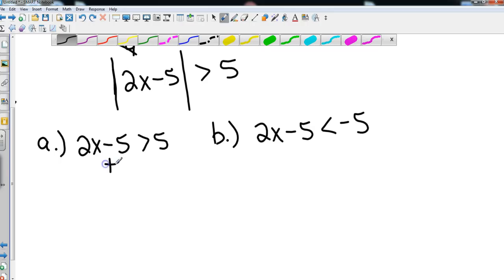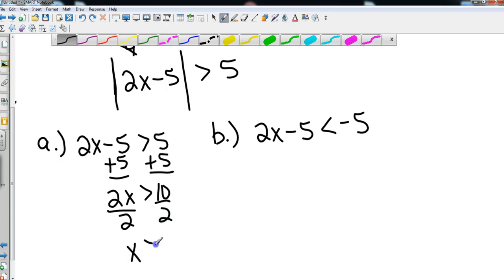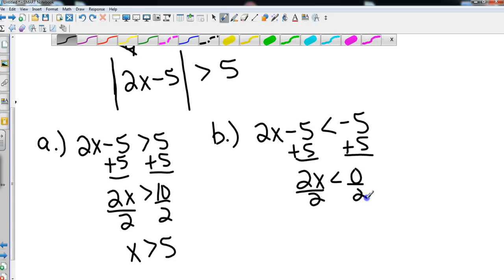So we add 5 to both sides here, and we get 2x is greater than 10. Divide both sides by 2, and x is greater than 5. Add 5 to both sides. That gives me 2x is less than 0. Divide by 2.